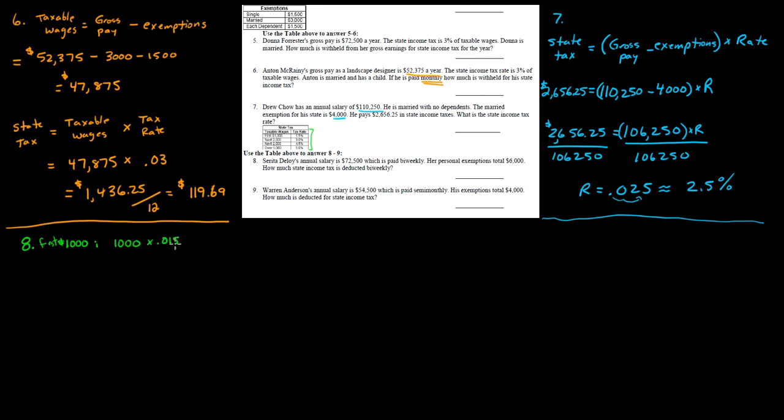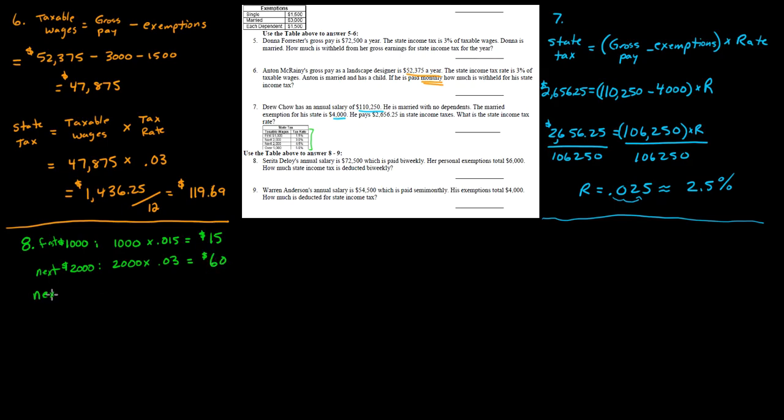I have to write that as a decimal, 0.015, and that is $15. Then for the next $2,000, it's going to be 2,000 times the rate, which is 3%. I multiply those out and I get $60.